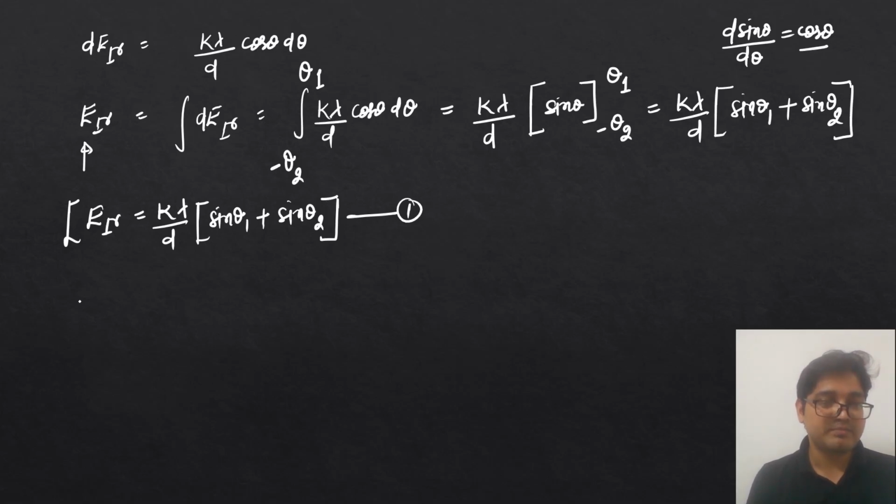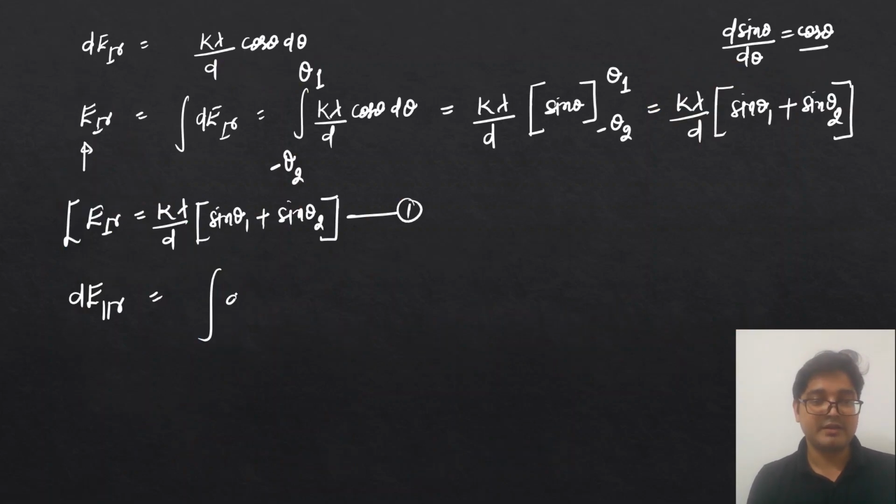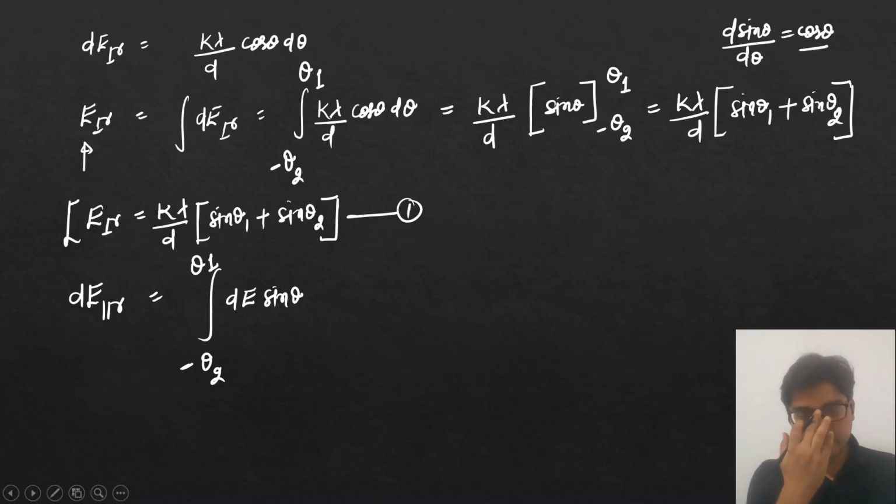Now to calculate the parallel component, again we will do the integration under the proper limit. As you can see, the parallel component is dE cos of 90 minus theta, which is dE sine theta, and again integration will be done from minus theta 2 to plus theta 1. The value of dE is k lambda by d d theta, so it will be sine theta into d theta.